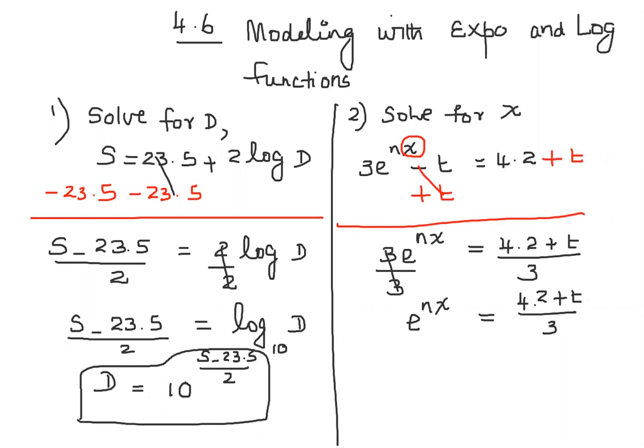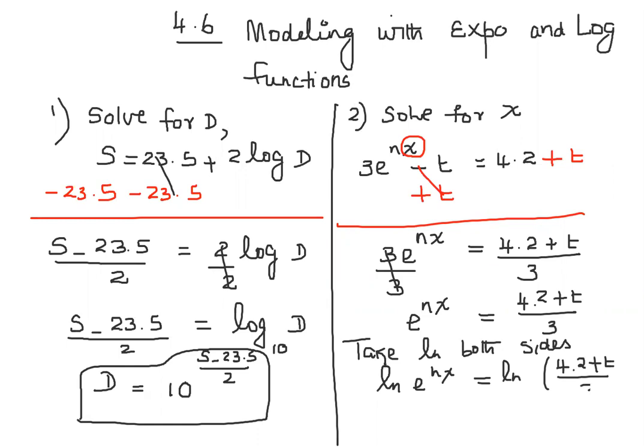Since it's an exponential equation, we have to take ln both sides to get the x. And we have to bring the power down, and ln e is 1.